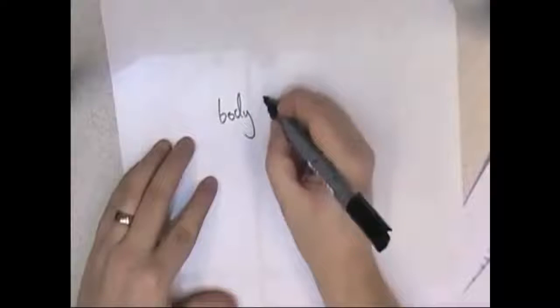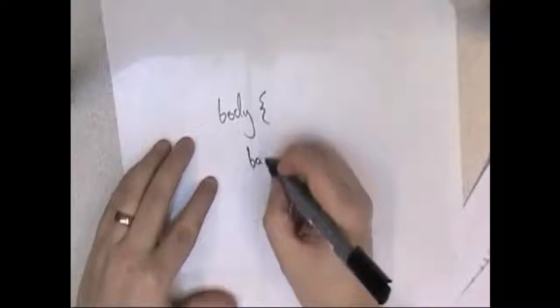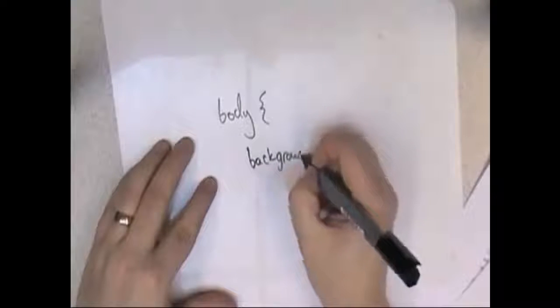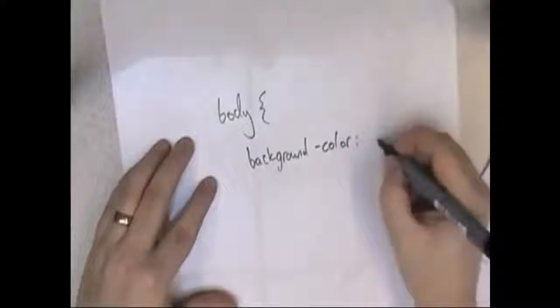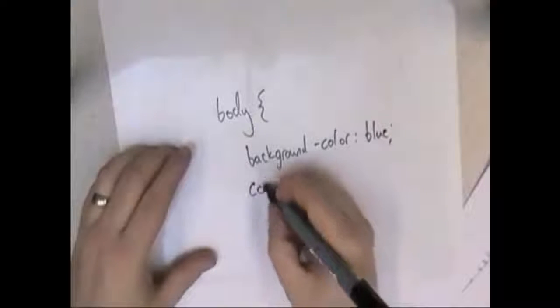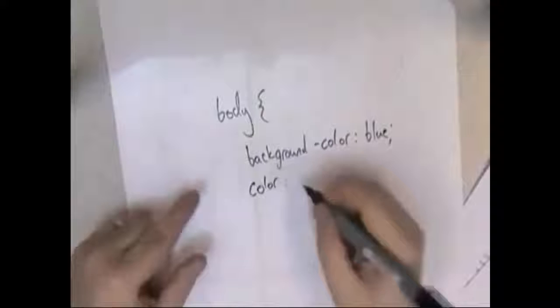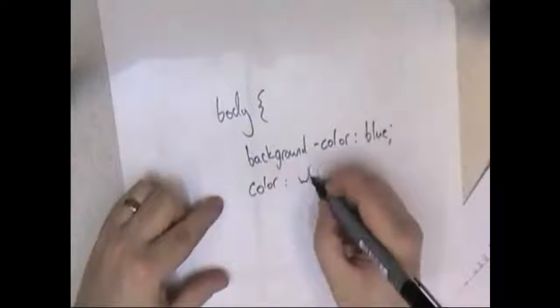So I'm going to have another go with some other code and do something similar. So what I could do is I could say my body, which is the page, I'm going to use the background colour is going to be blue, and my colour, which is my text colour, doesn't say text colour, it just says colour, but it is text colour, is going to be white.